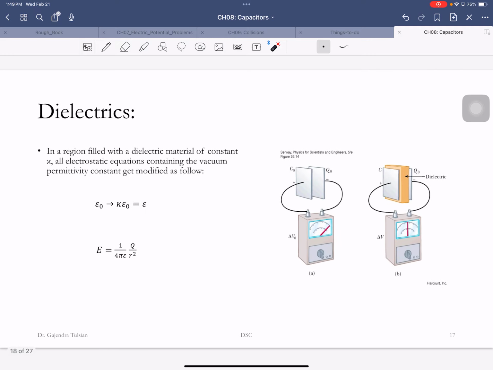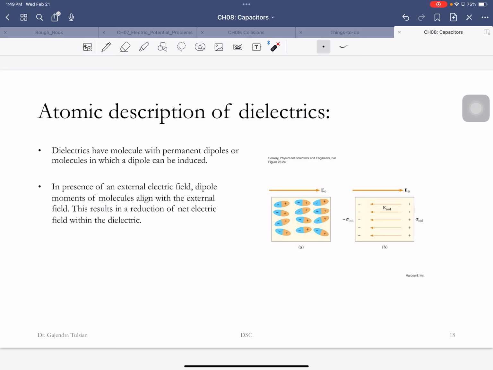All right. Dielectrics are molecules with permanent dipole moment or molecules in which a dipole can be induced. So if you put this dielectric between capacitor plates, and there's a field between the plates, it will induce a dipole moment in those molecules, and those molecules will create a net field like this.